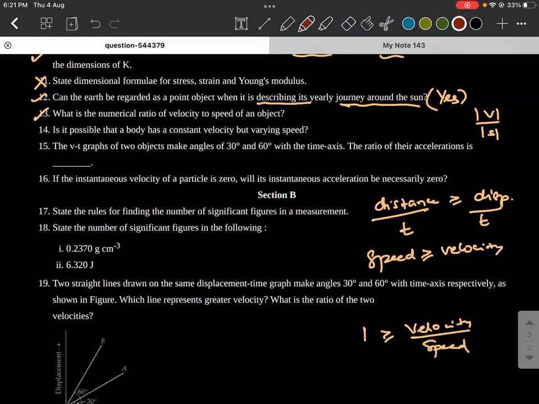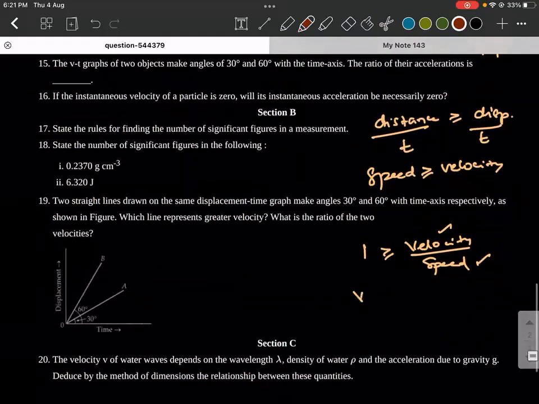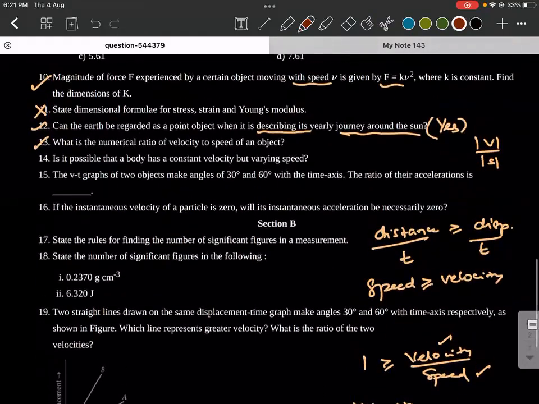So what would be the numerical value? The ratio of velocity to speed is, look at the inequality and tell me. Velocity divided by speed is less than or equal to 1. So if at all you see a question like this, what they are asking is, the ratio of velocity to the speed is less than or equal to 1.